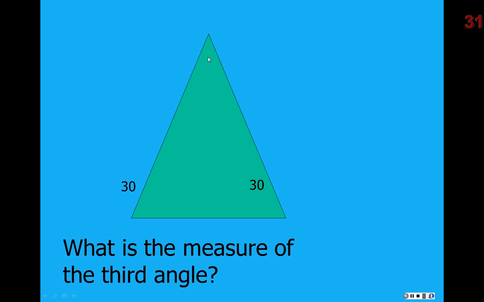How many total degrees are in a triangle? Well, if it's 180 and I subtract 60, what should this be? No, it's not going to be 140. If the triangle totals 180 degrees, you subtract 60, it's 120. This is so easy, I don't know why you guys are missing this.